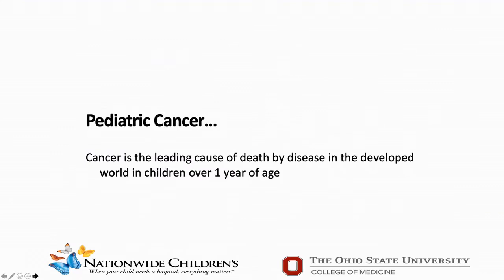So the challenge in pediatric cancer, of course, is that it is, although a rare disease writ large, still the leading cause of death by disease in the developed world in children over 1 year of age. So it remains a significant health problem.